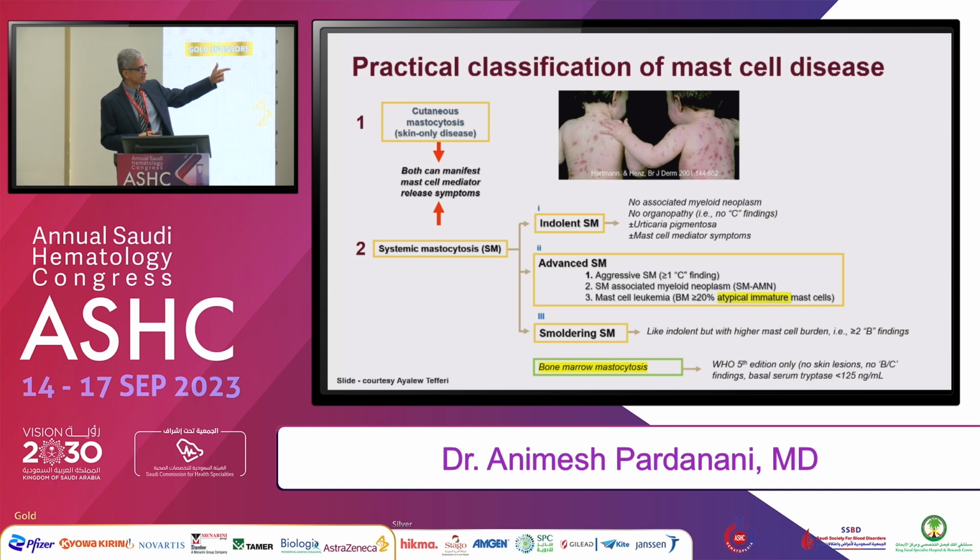One is aggressive mastocytosis, where you have organ dysfunction from mast cell infiltration. Number two is mastocytosis with an associated myeloid malignancy. So you might find mastocytosis with MDS or with CMML or with acute leukemia. And lastly, there is an entity called mast cell leukemia, which is extremely rare.